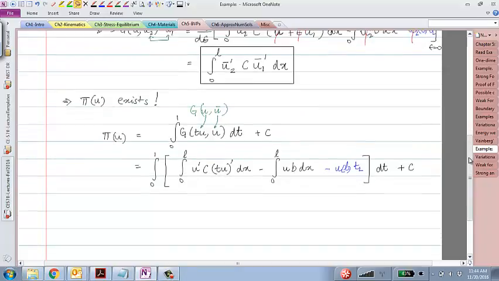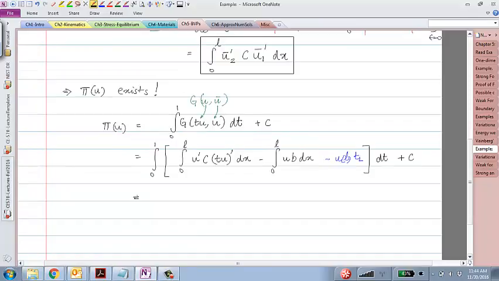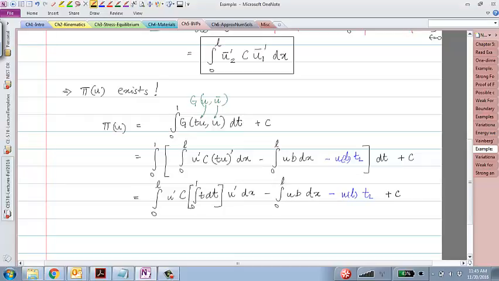So if I rewrite this expression, what I get is the integral 0 to L of u prime times the integral 0 to 1 of t dt, that thing is here, u prime is here, dx, minus the integral 0 to L of u b dx, minus UL TL and plus C. So all I did here was to take the integral for t inside, and the only place that it's useful is here.